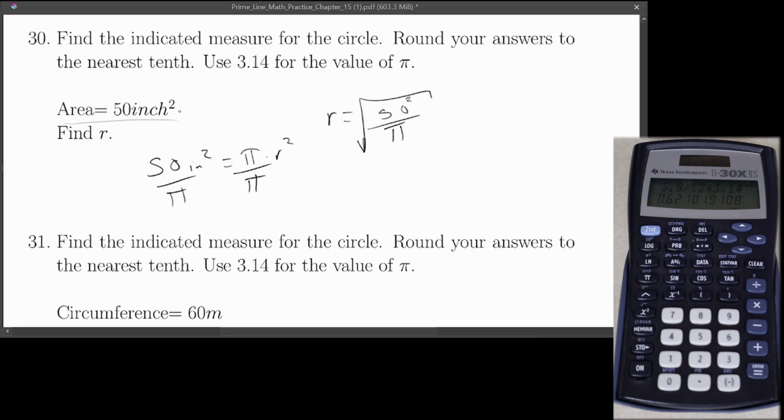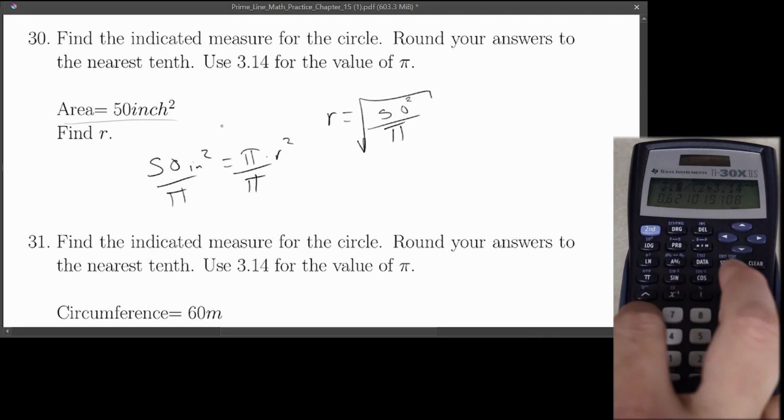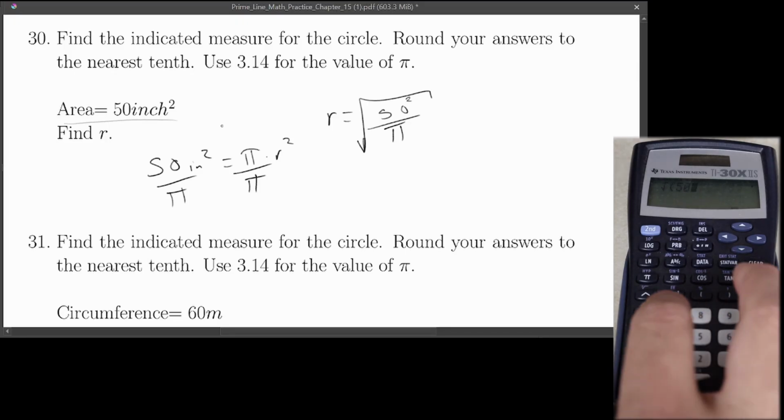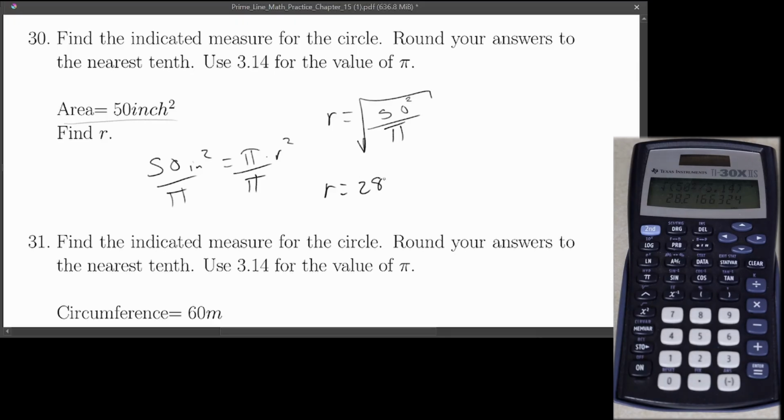And our units are going to be in just regular inches at this point. So if we take the square root of 50 squared divided by pi, 3.14, we get our radius equals 28.2166, and we are going to the nearest tenth, so 28.2.